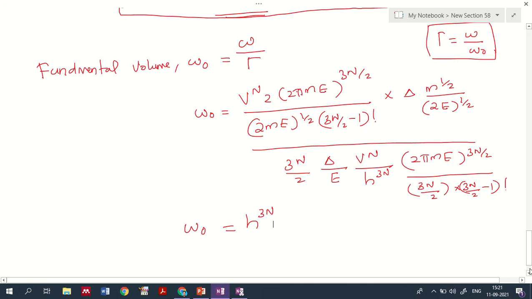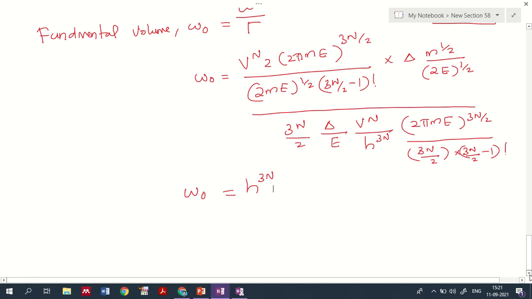Okay, so we have identified the total volume, and we have already identified the gamma corresponding to that. Now we identified the fundamental volume associated with the classical ideal gas.